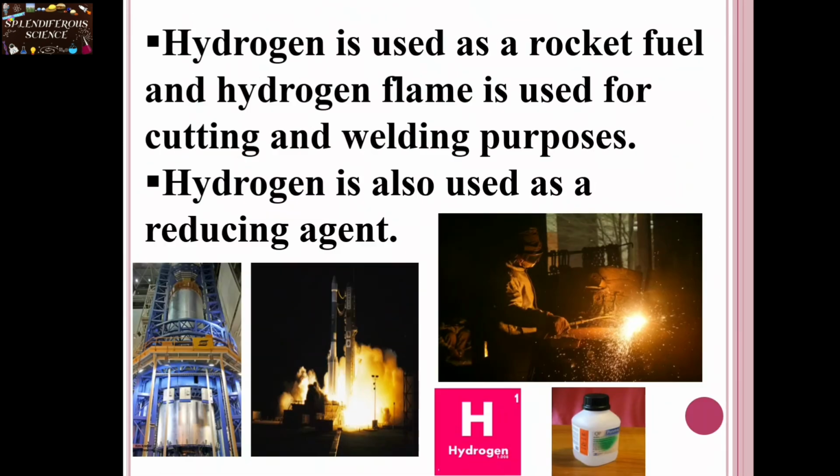Hydrogen is used as a rocket fuel, and the hydrogen flame is used for cutting and welding purposes. Hydrogen is also used as a reducing agent. What is a reducing agent? A reducing agent is a substance that reduces a chemical compound, usually by donating electrons.